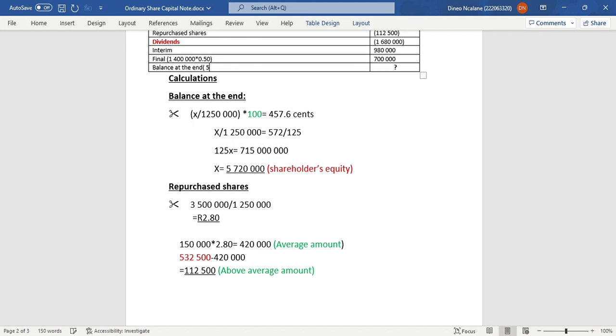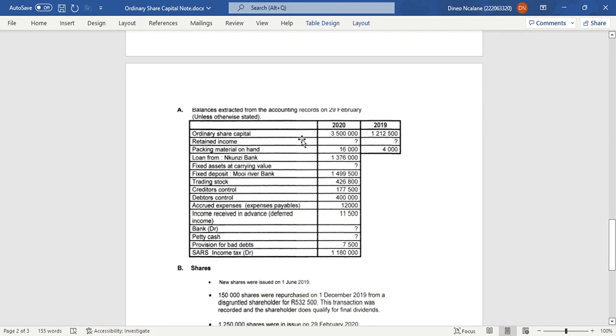So now we are going to be able to get our balance for the retained income. It's 5,720,000 minus the balance at the end for the ordinary share capital, which is 3.5 million that we are given here. Let me show you quickly.